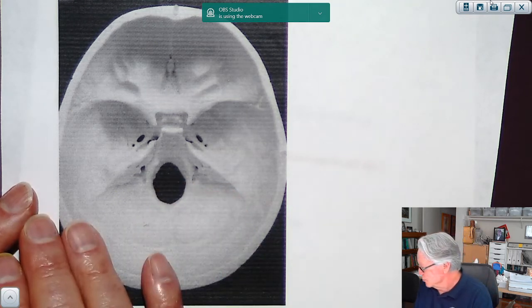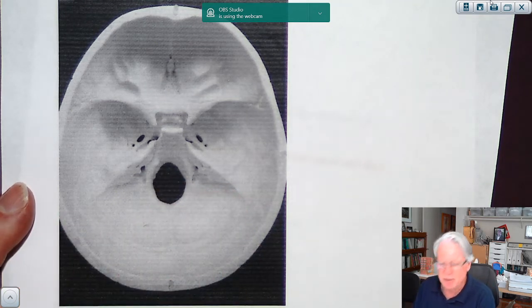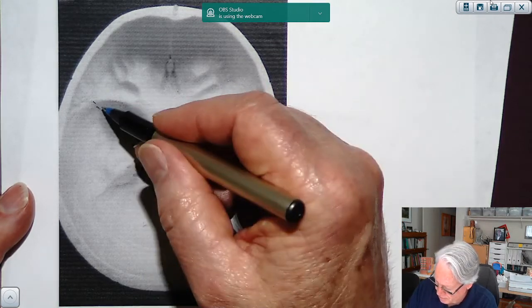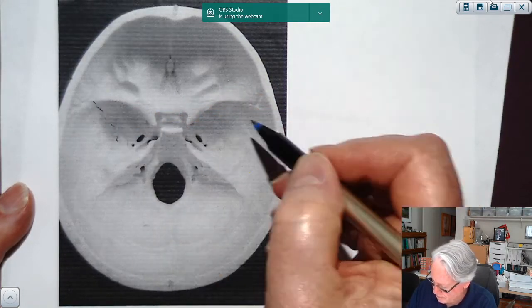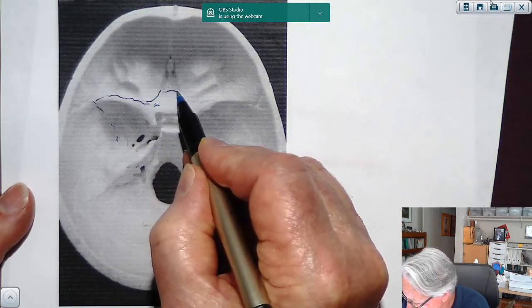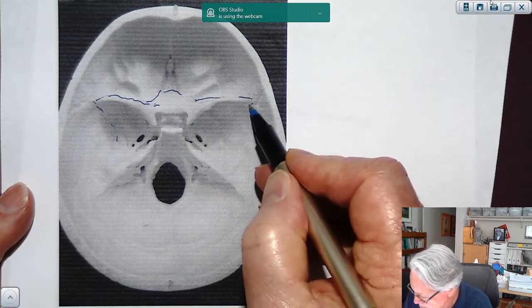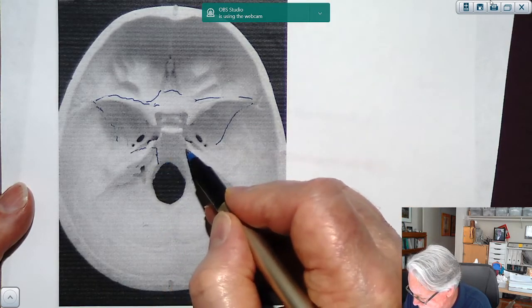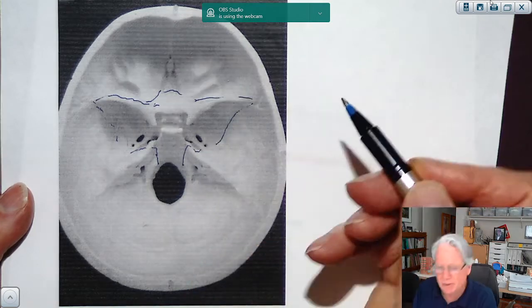So I'm just going to kind of roughly outline this bone. So it's going to be something like this. It's going to come across like this. Okay, it's about like that.